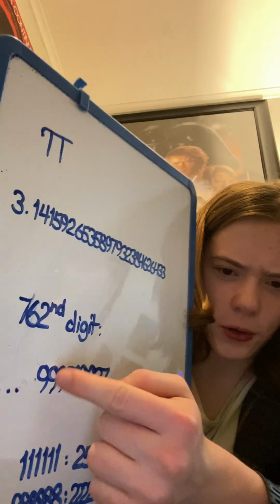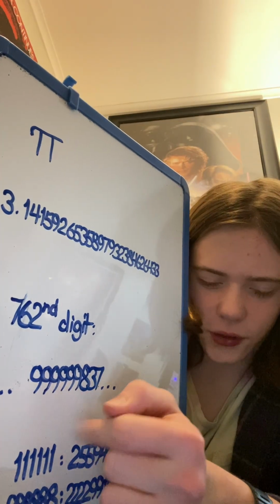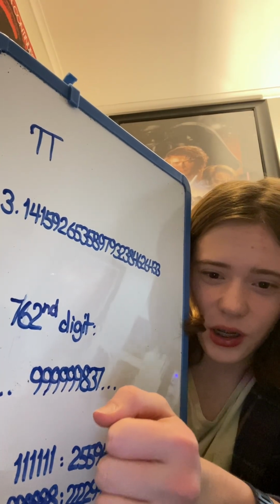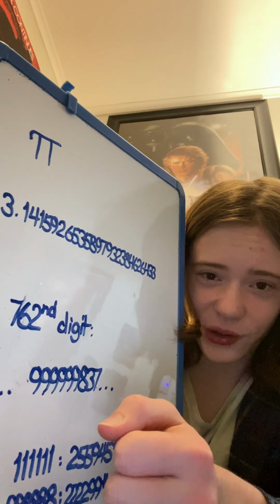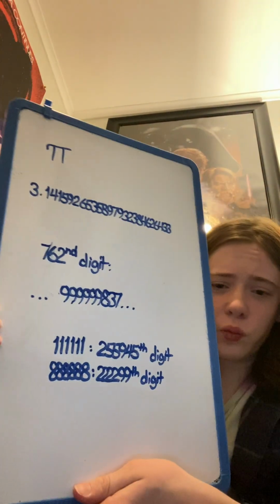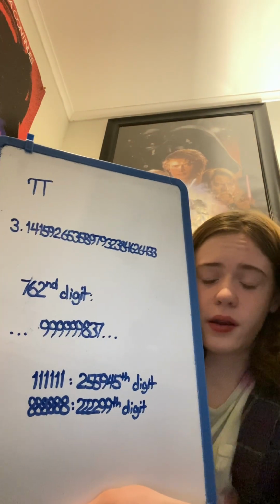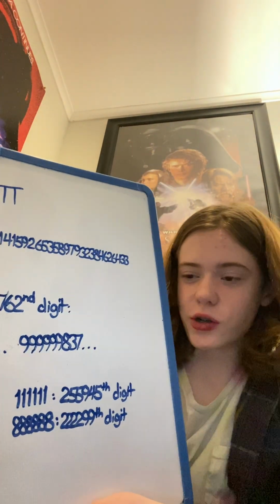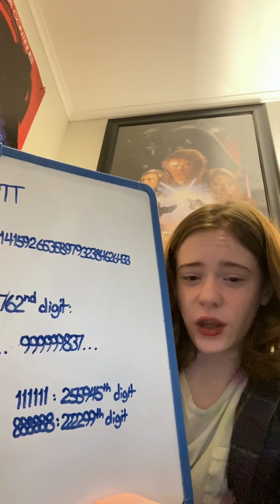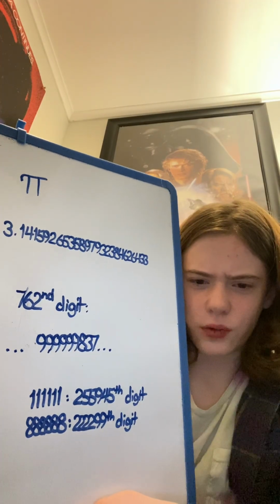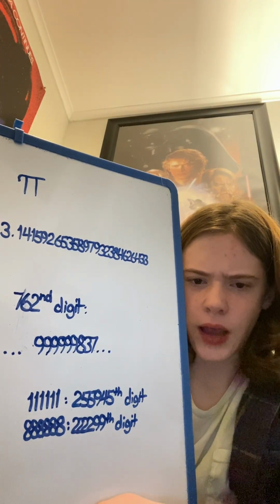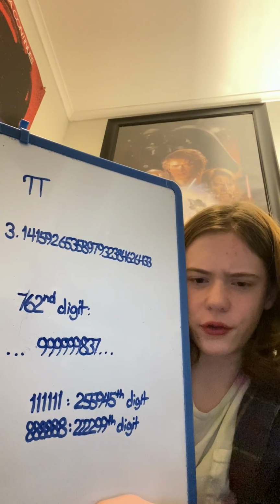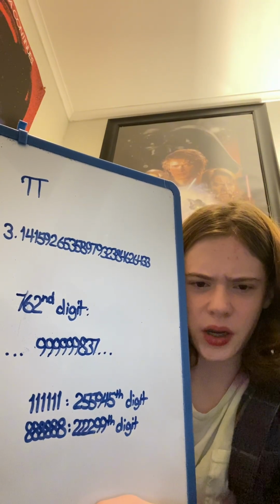And this is called the Feynman point, and it's a pretty weird coincidence. And just so you don't think this is normal, the sequence 111111 happens for the first time at the 255,945th digit. And the sequence 888888 happens at the 222,299th digit of pi.